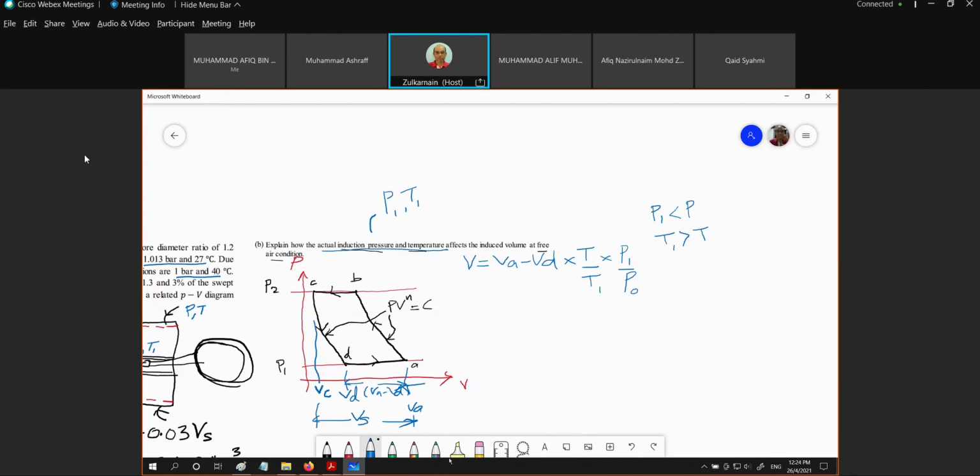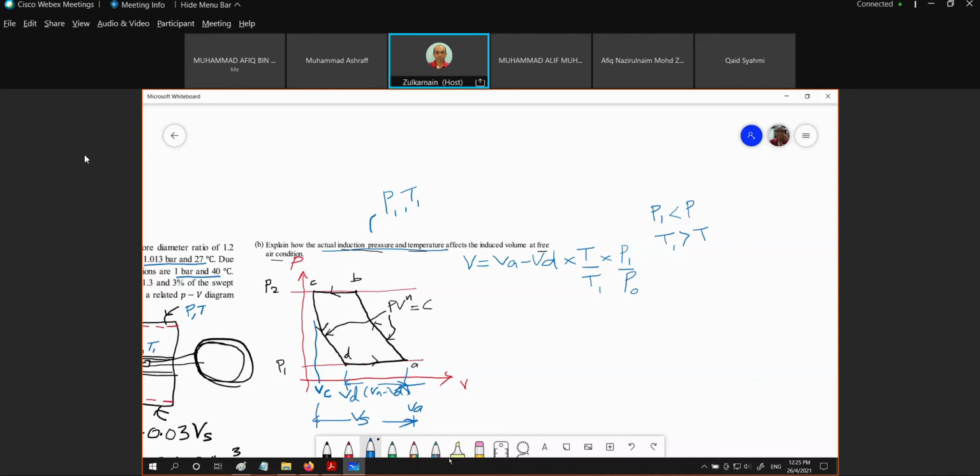So you look at the variation of P1 and T1. What happened when P1 decreases lower? What happened when T1 increases higher than T? It cannot be less.